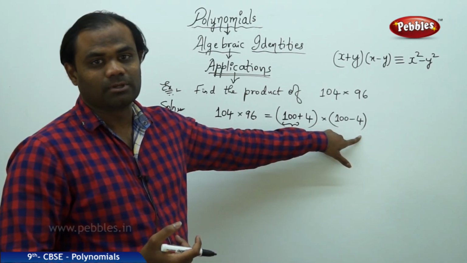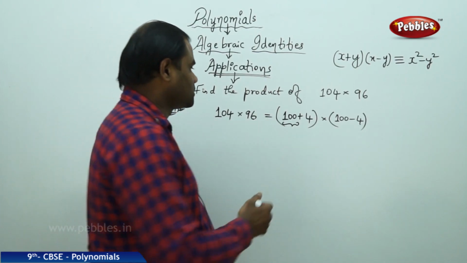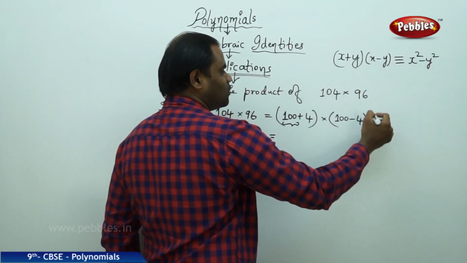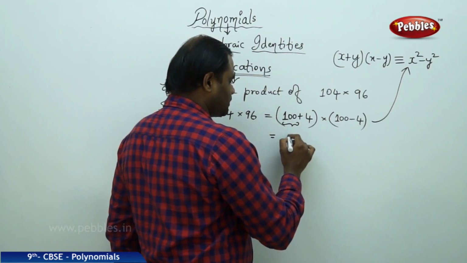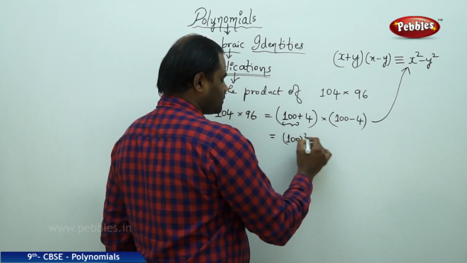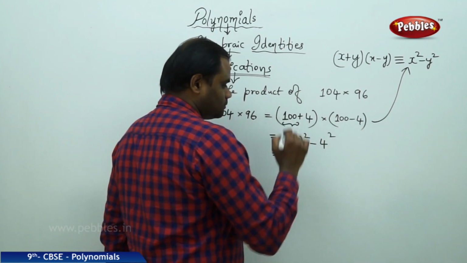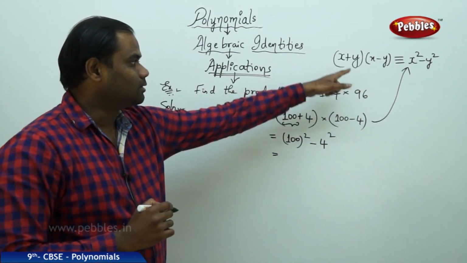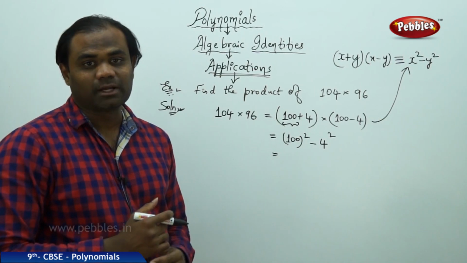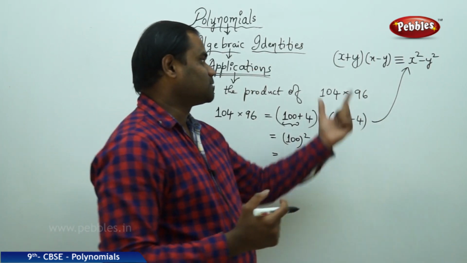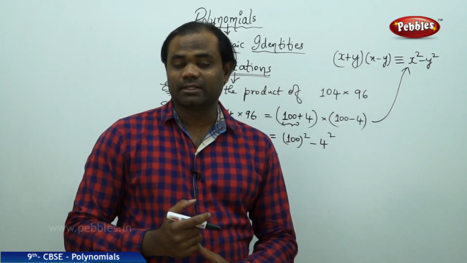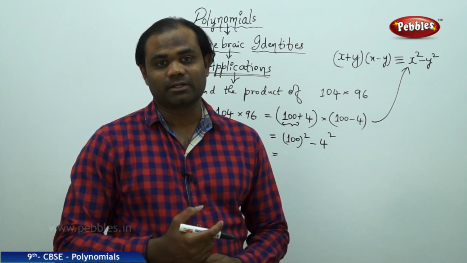Therefore, I get this to be a plus b times a minus b. Using this formula, I get simply 100 square minus 4 square, which is obtained through the algebraic identity x plus y times x minus y is identically equal to x square minus y square.